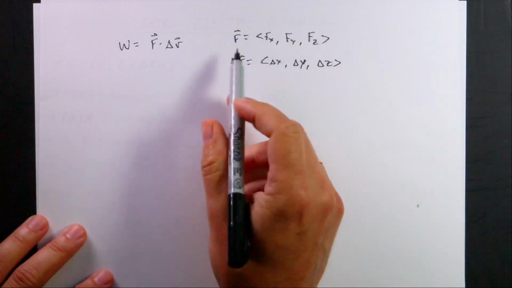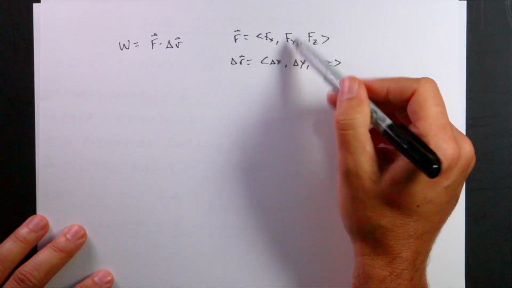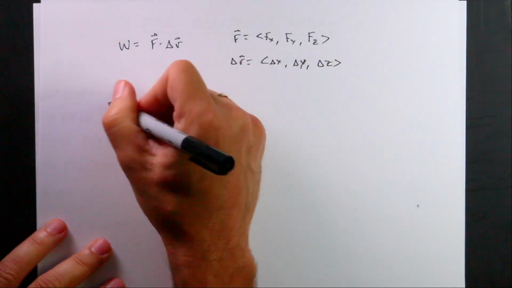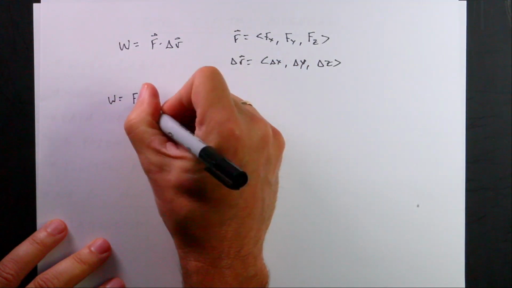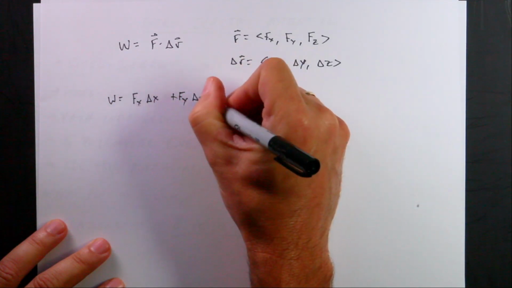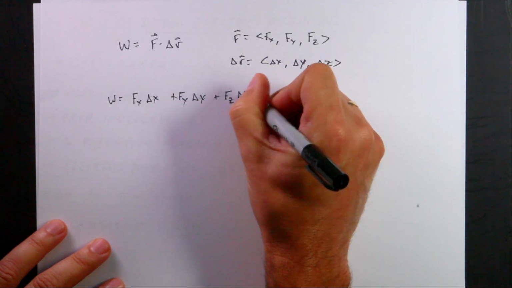Then for the dot product of F and delta R, I take the x components and multiply them together, plus the y components multiplied together, plus the z components multiplied together. So in general, this would be Fx delta x plus Fy delta y plus Fz delta z.